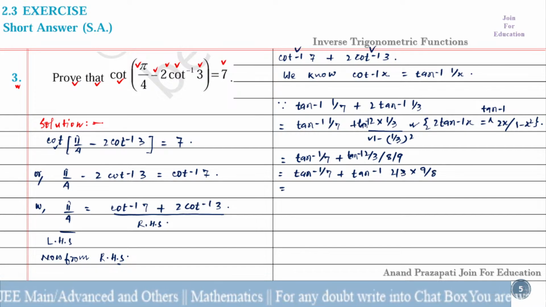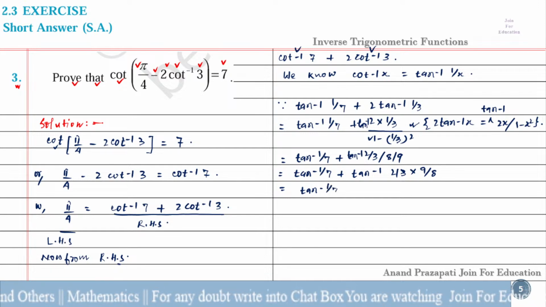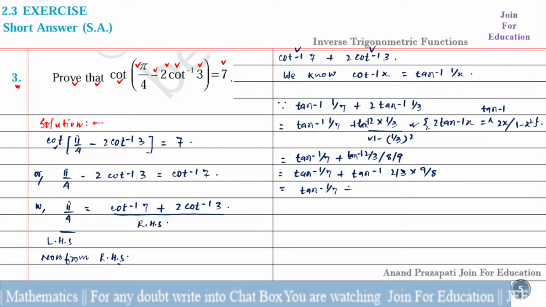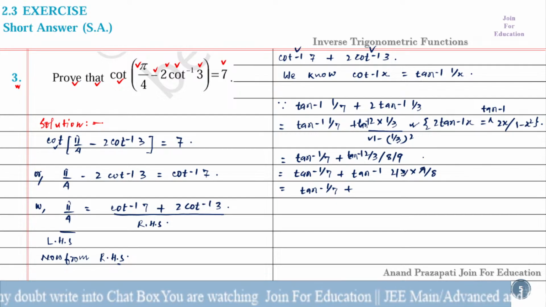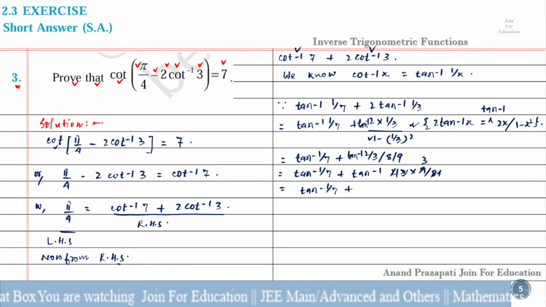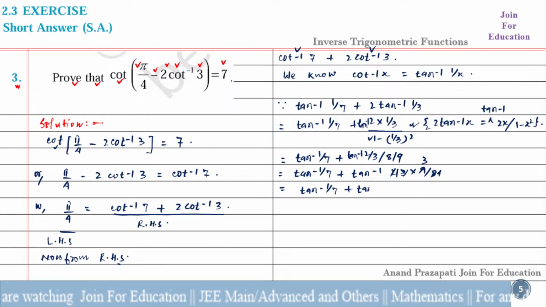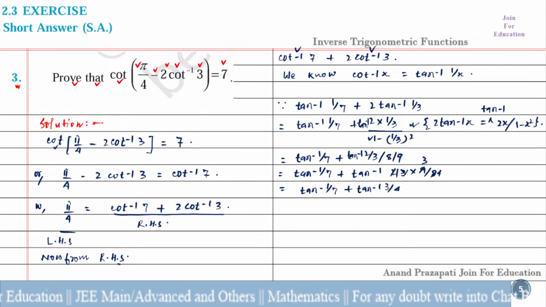Therefore this will be tan inverse 1 by 7 plus, 3 3 ja 9 and 2 4 ja 8, so we write down here tan inverse 3 by 4.